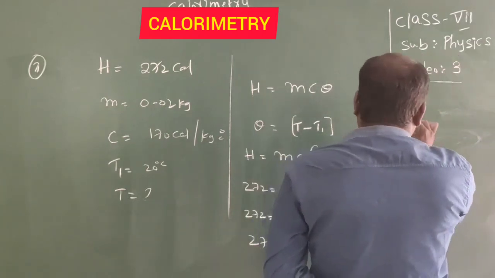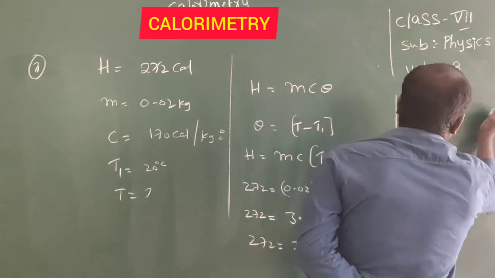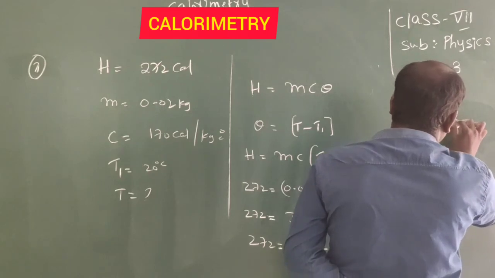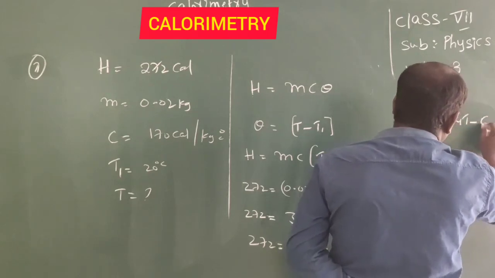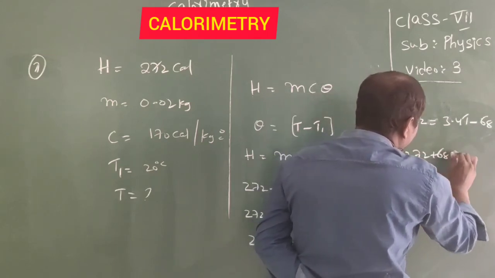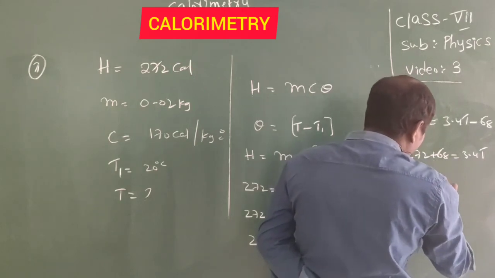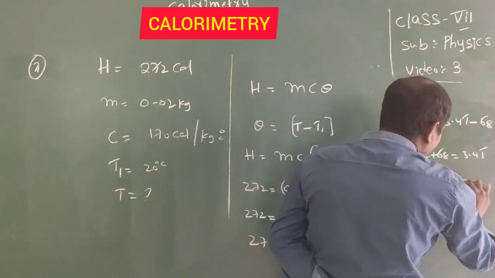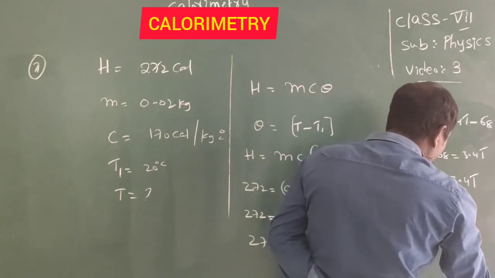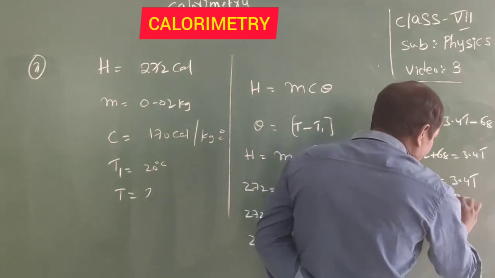Okay, 272 equals 3.4 T minus 68. Bringing it to the other side, 272 plus 68 equals 3.4 T, that equals 340 equals 3.4 T. Therefore T equals 340 by 3.4, that is 100.